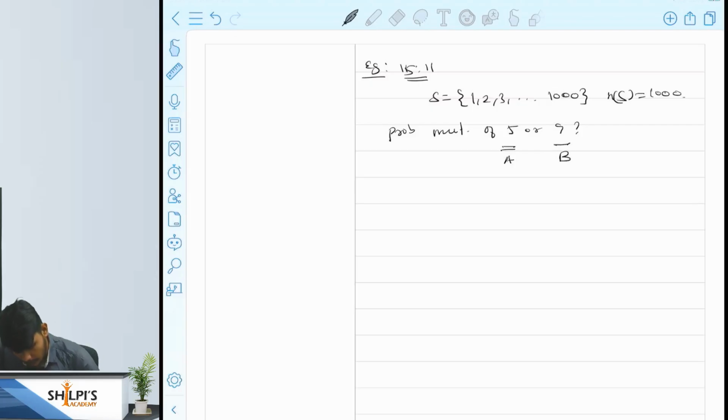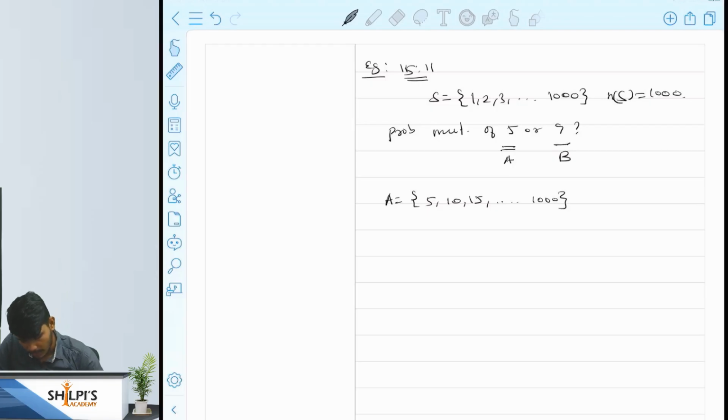So first I am going to collect the numbers that are multiples of 5 from the sample space. So what will be the numbers? 5, 10, 15, and it goes up to 1000, right? 1000 is also a multiple of 5, so 1000 will be there in set A.